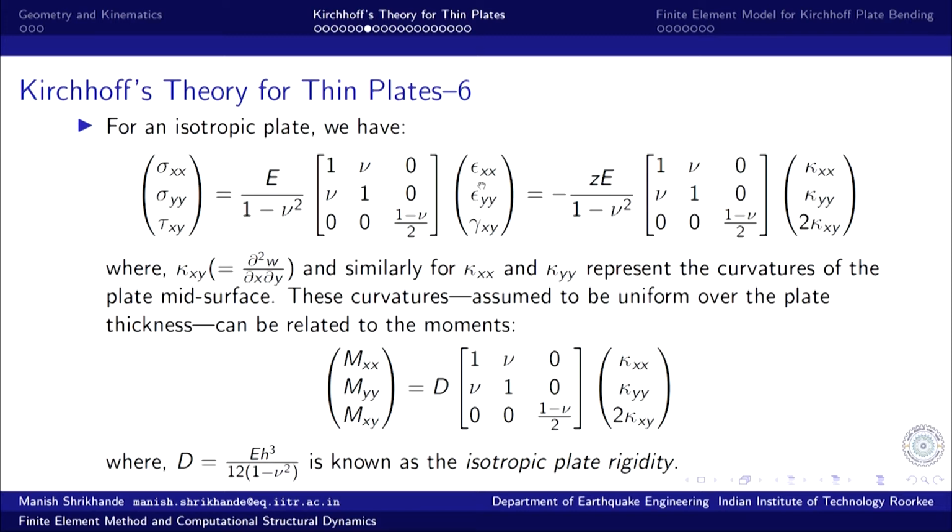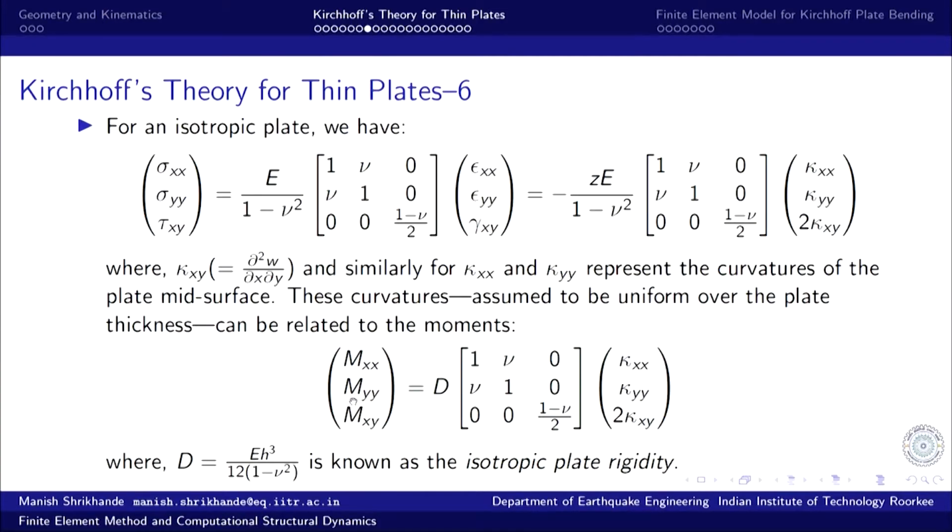And once we relate these strains to the curvatures, we can relate these stresses to curvature, and then stresses can be transformed into moments as we discussed earlier. So, we can have a moment curvature relationship in terms of the constitutive matrix, where now this D is the isotropic plate rigidity, E h cube.